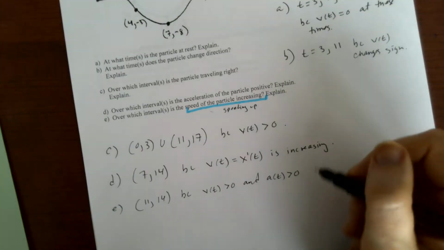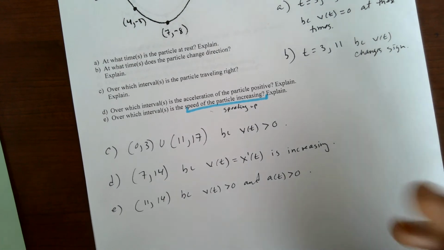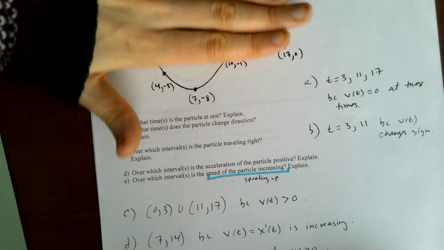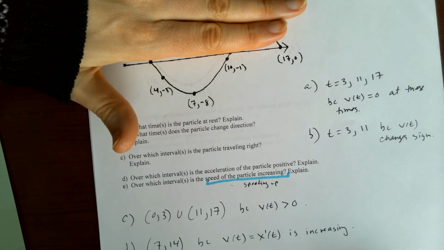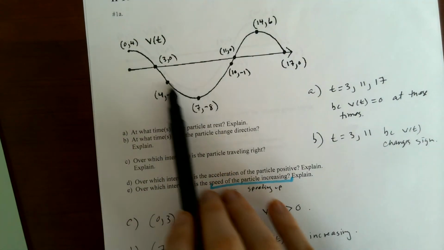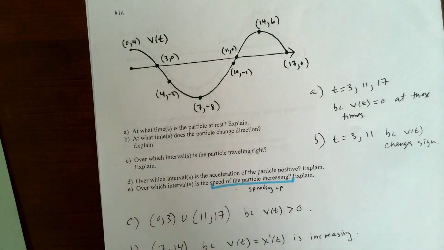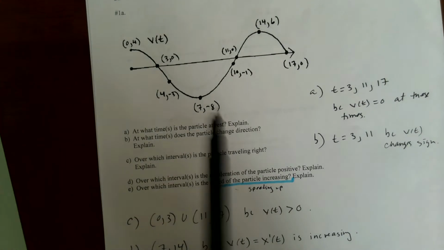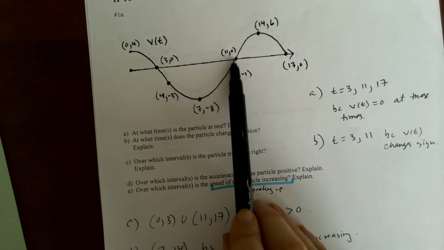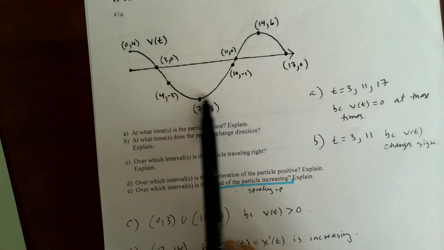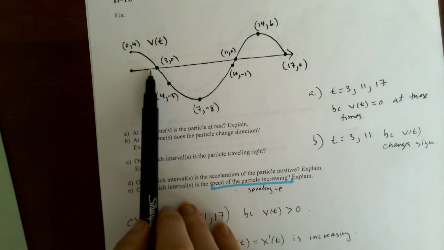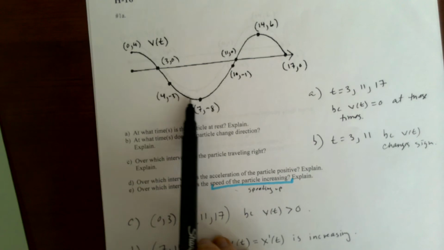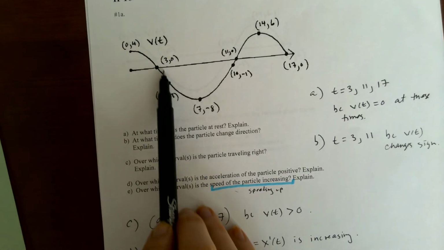Okay, but now let me look for where they're both negative. I've already dealt with above the x-axis. Now let me look where velocity is negative and find on that part of the graph where acceleration is also negative. Velocity is negative on this whole thing, and just on this part is where velocity is decreasing.